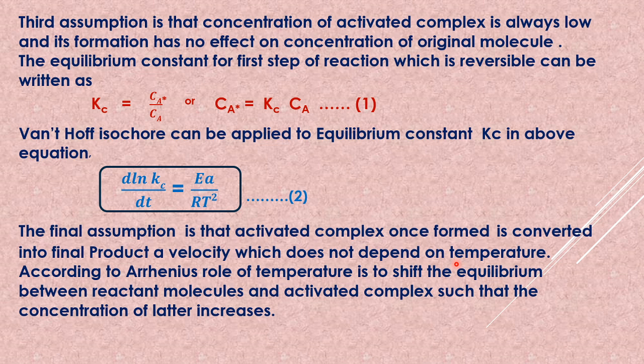Here we see the four assumptions. According to Arrhenius, the role of temperature is to shift the equilibrium between reactant molecules and activated complex such that the concentration of the latter increases.